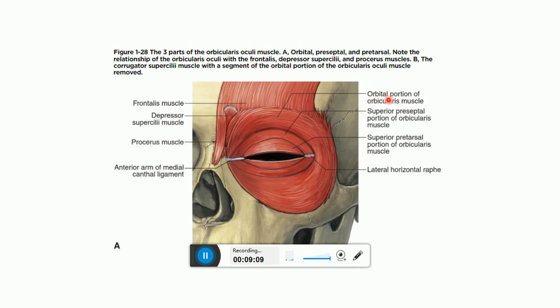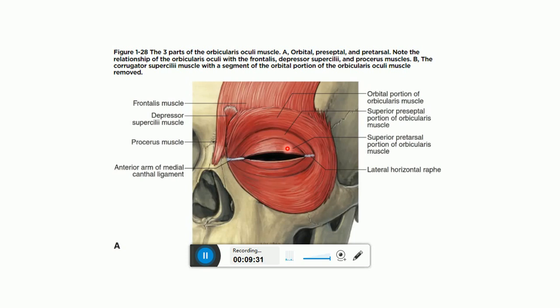The orbital part occurs along the orbital margin. The palpebral part is divided into 2 further parts: preseptal, attached to the septum, and pretarsal, attached to the tarsus or tarsal plate.